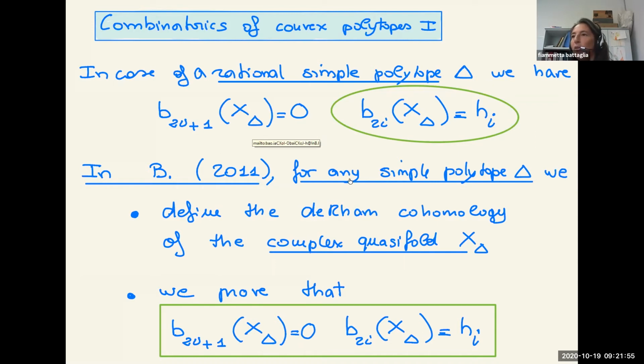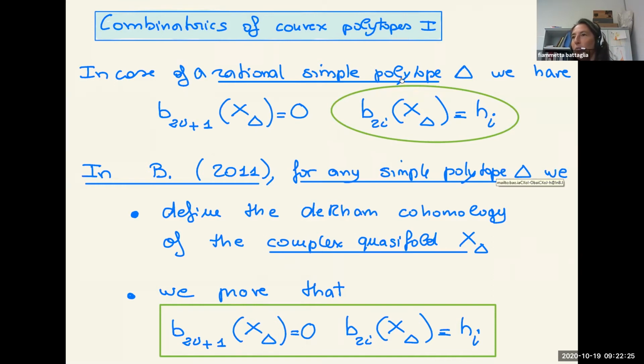toric quasifolds. And so actually, if we take a simple polytope, one can see that we can define the de Rham cohomology of the corresponding complex quasifold. When I say simple polytope here, I actually mean a triple. So we have a polytope, normals, and quasi-lattice. Otherwise, we cannot speak about corresponding quasifolds.